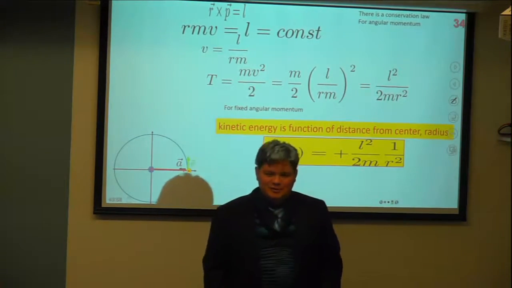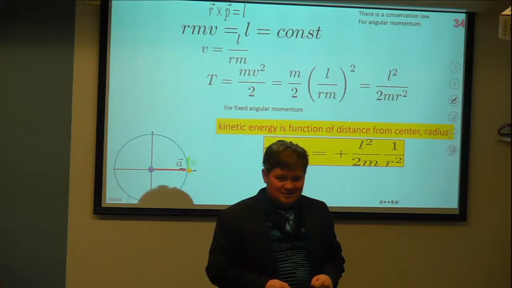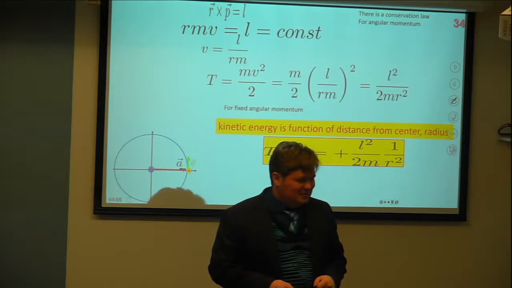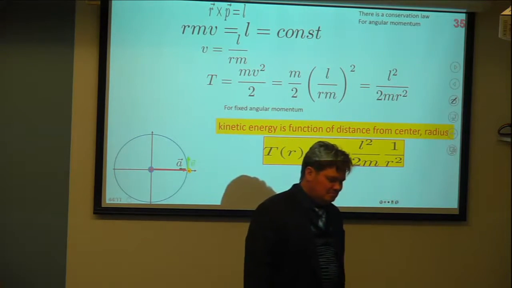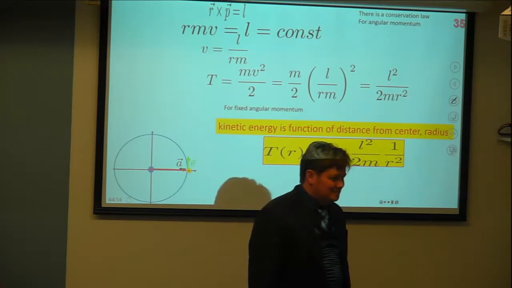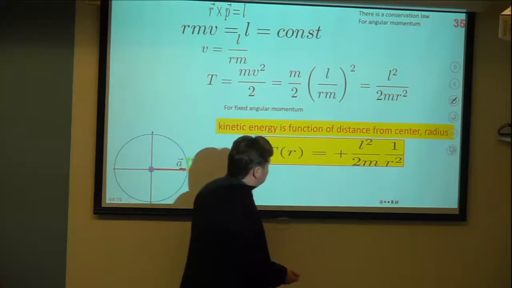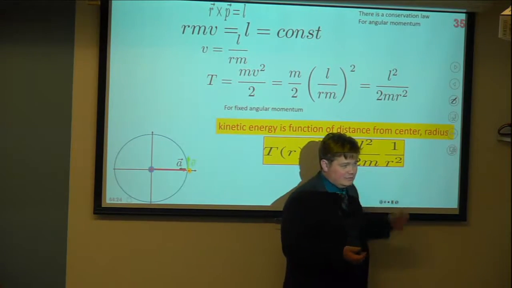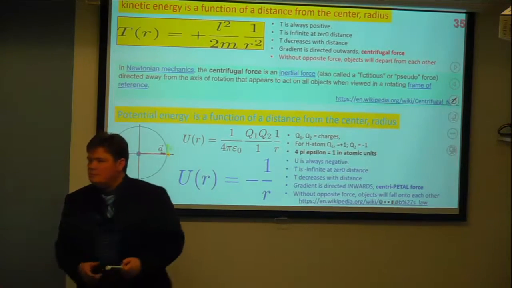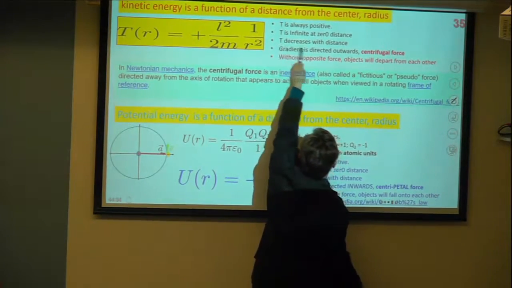So if you try to make a very sharp turn, you'll experience an infinitely strong force on you. Therefore, some people push the brake a little before the turn. Some don't. And when the distance is infinitely large, then this energy is 0. So always positive, infinite at 0 distance, decreases with distance.